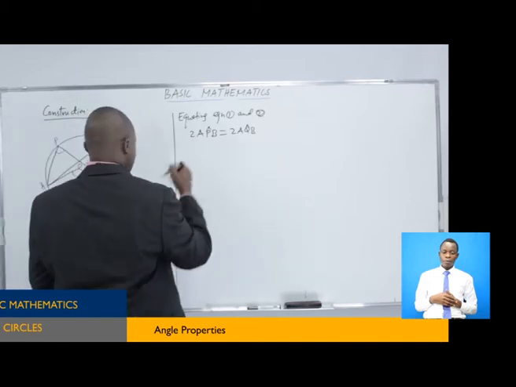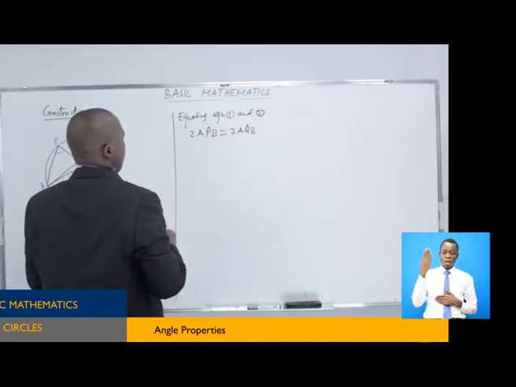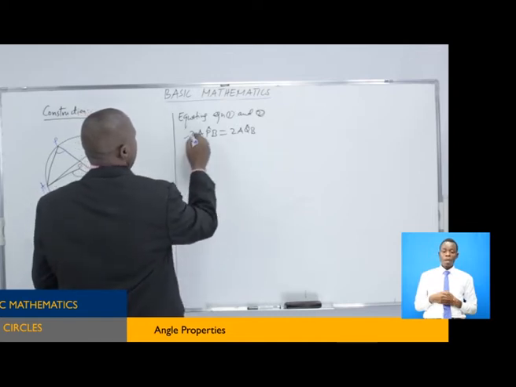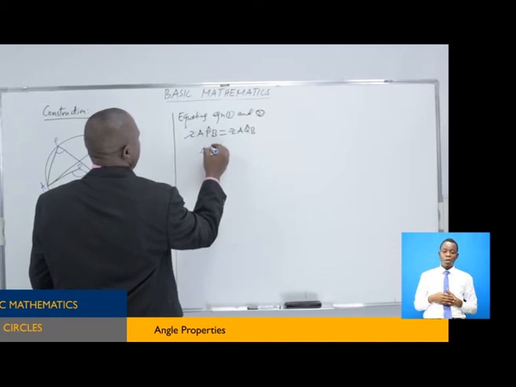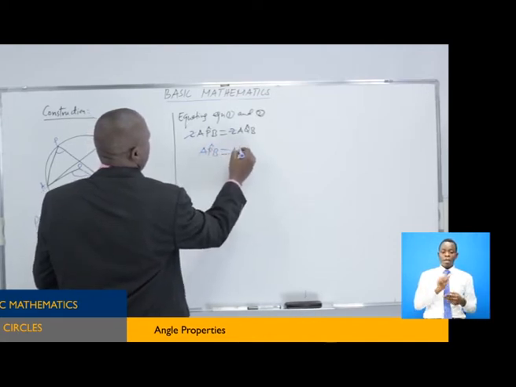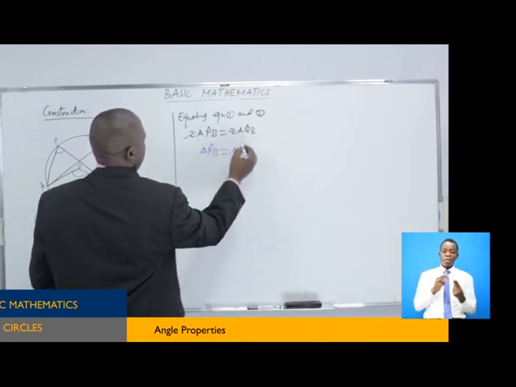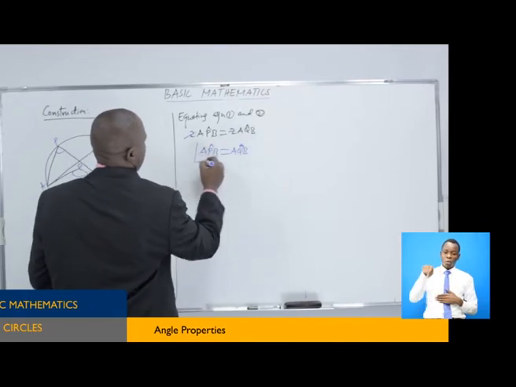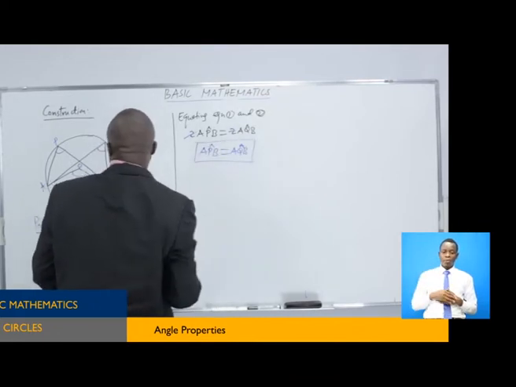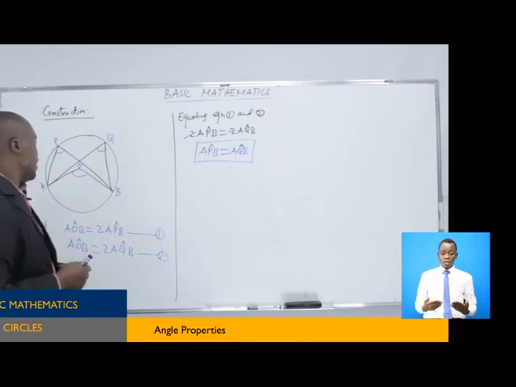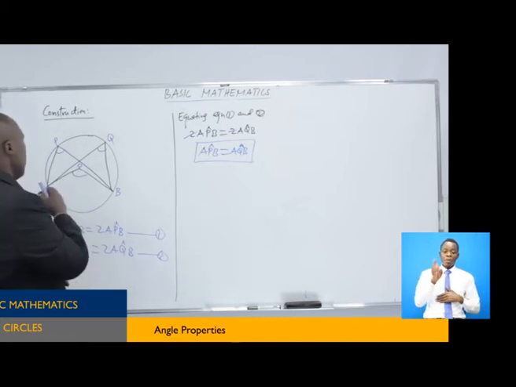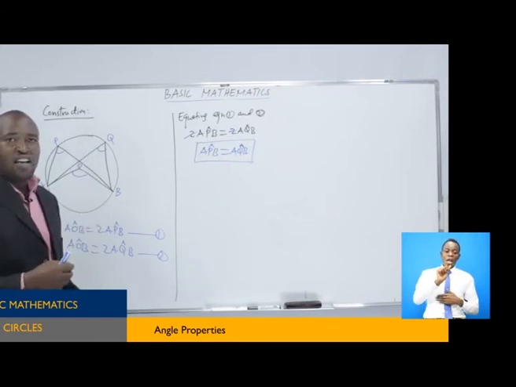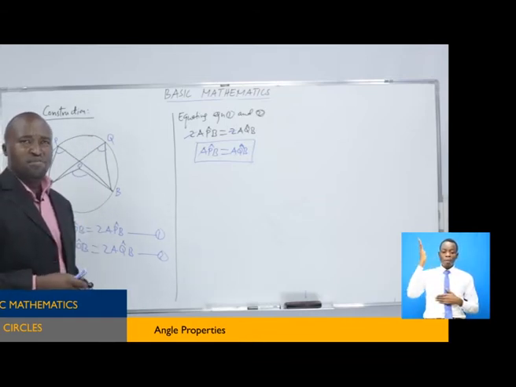So in this case, we can simplify our equations. So we remain with APB is equal to AQB. So now it is true that angle APB is equal to angle AQB according to our theorem.